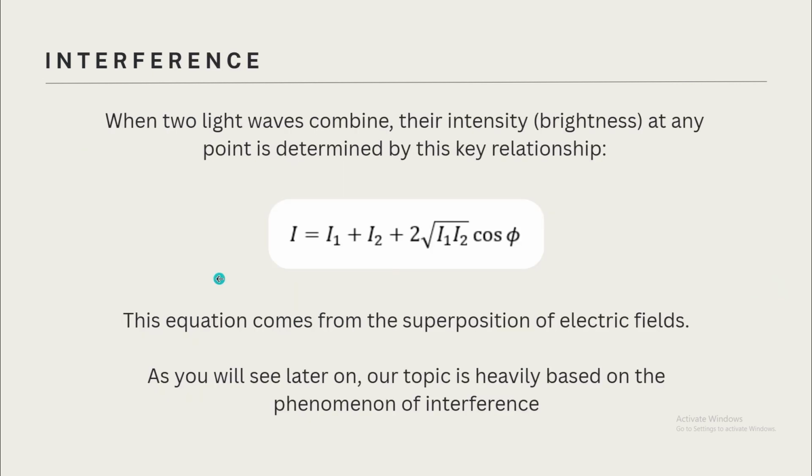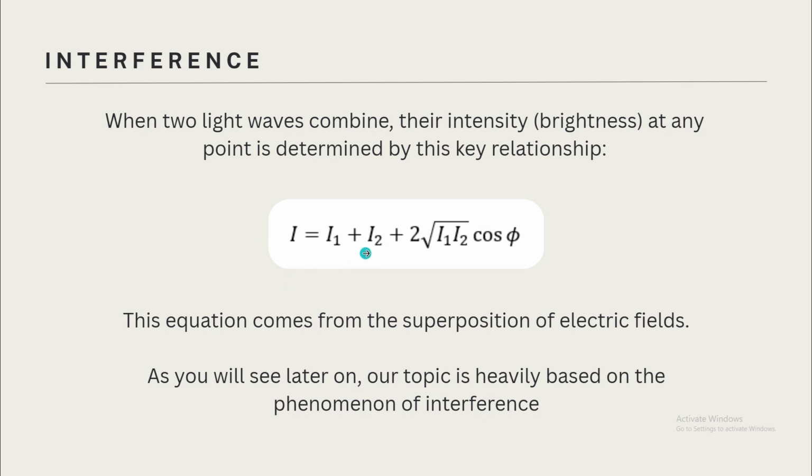So starting from the most basic and fundamental phenomenon in classical optics, interference, which serves as a foundation for the Michelson interferometer, which we'll talk about later. And this equation right here is the basic interference equation that shows that when 2 light waves combine, their intensity, which is denoted by I, is a function of I1, I2, and phi.